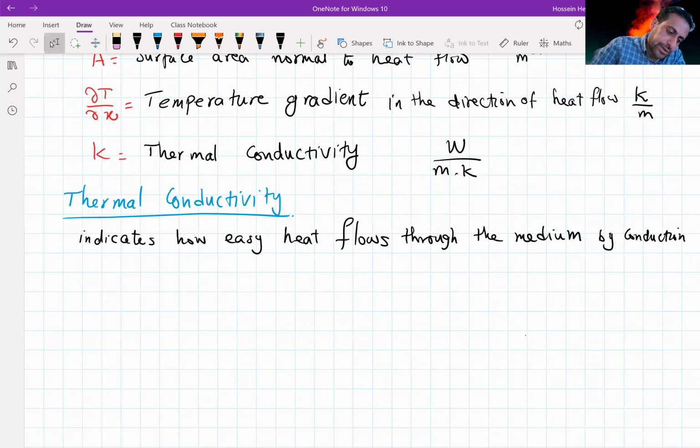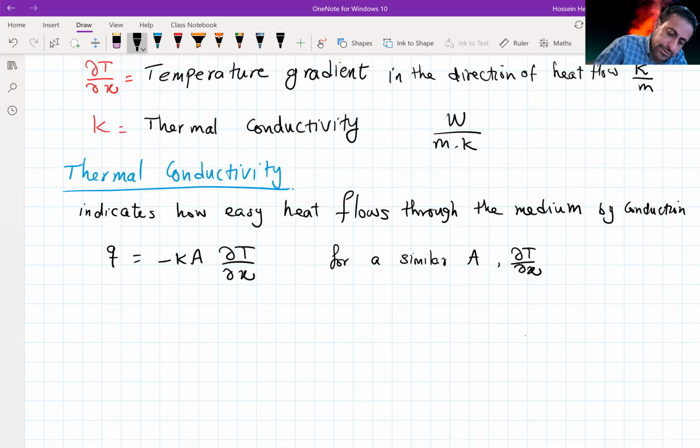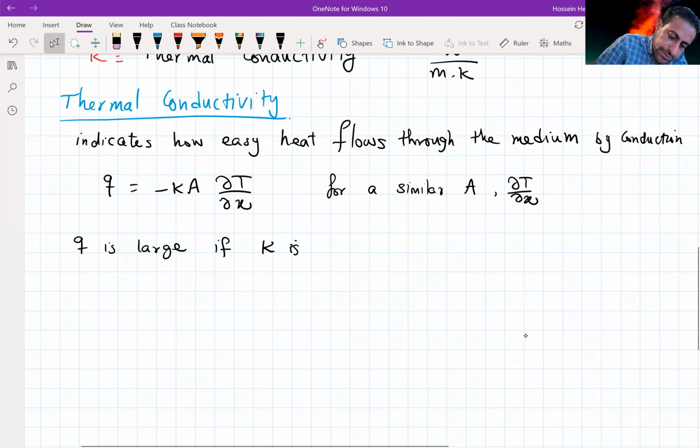And let's say for the above example, if I write the Fourier law of heat conduction, Q equals minus KA dT dx, for similar area and temperature gradient, what we can see from this equation is that Q is large if K is large.